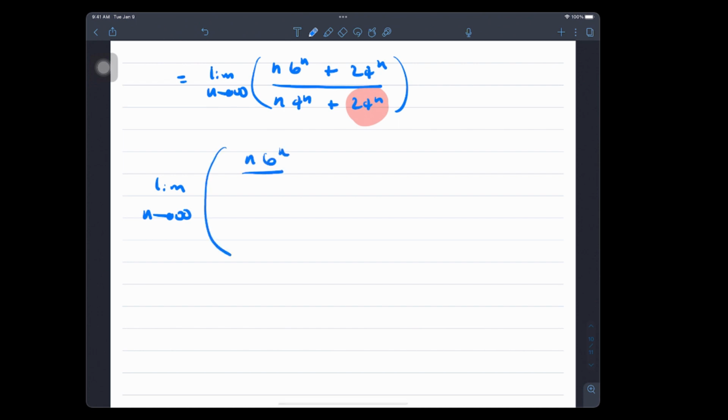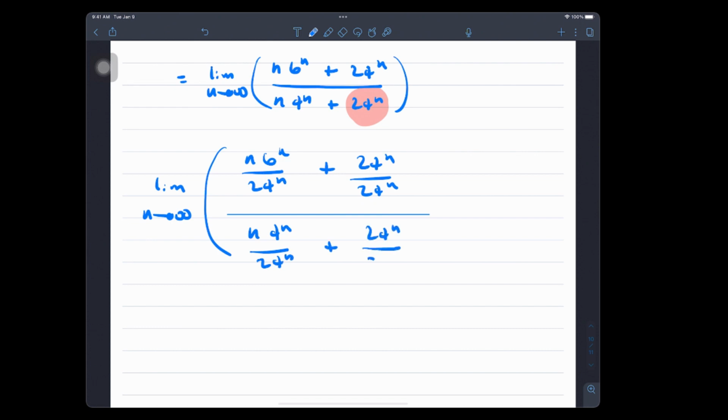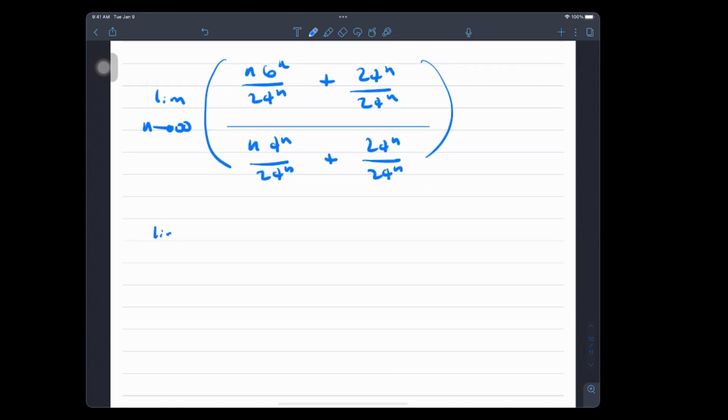n 6 to the n over 24 to the n plus 24 to the n over 24 to the n, over n 4 to the n over 24 to the n plus 24 to the n over 24 to the n. So this limit is now going to be n over 4 to the n plus 1 over n over 6 to the n plus 1.